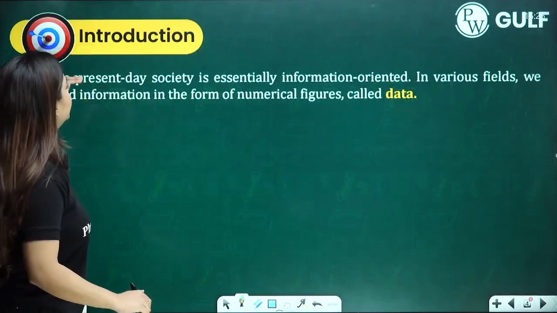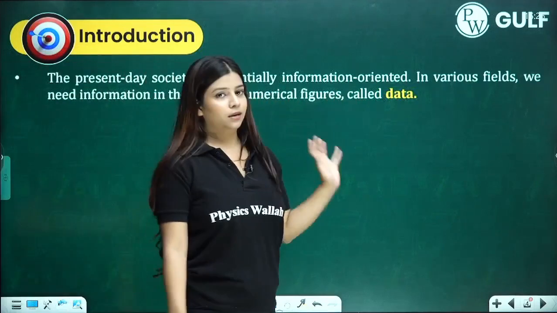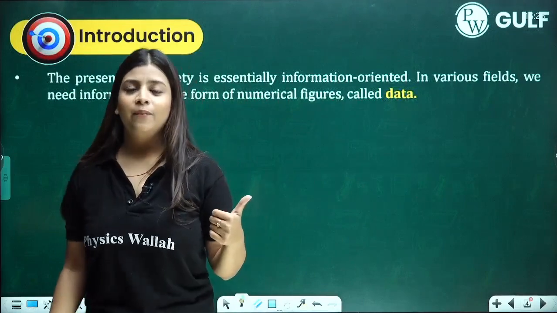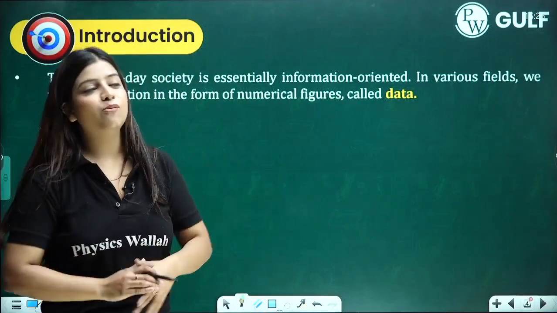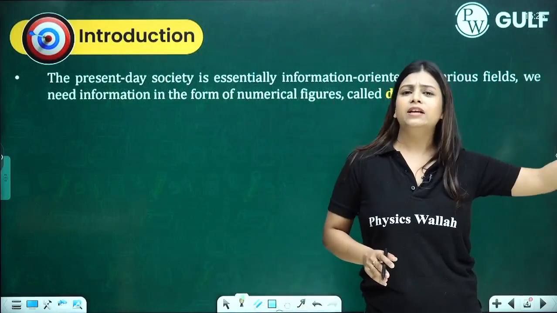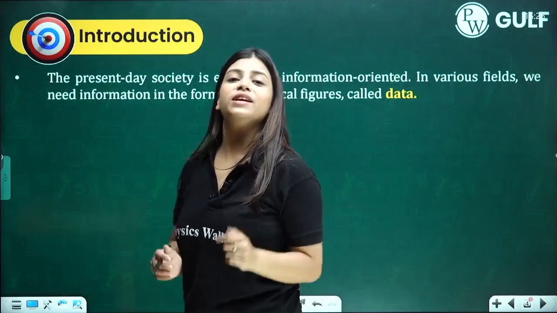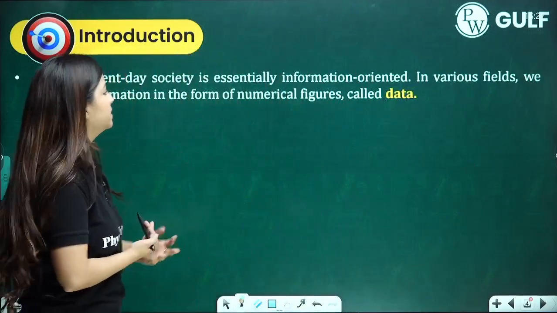Now basically, the present day society is essentially information oriented. We need information for everything. Whatever survey that we have, whatever news that we get, that from the past 10 years the population has grown from this to this, how are we even able to compare? With the help of statistics and data.